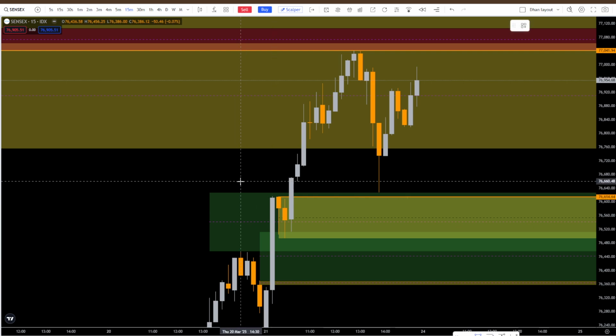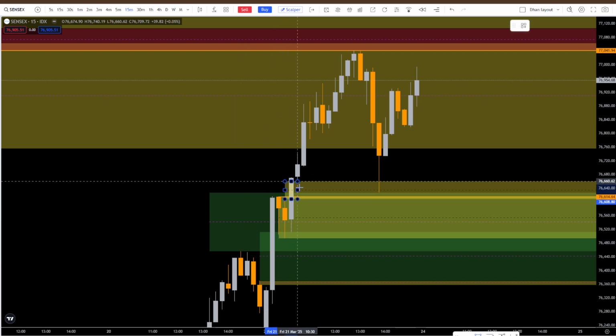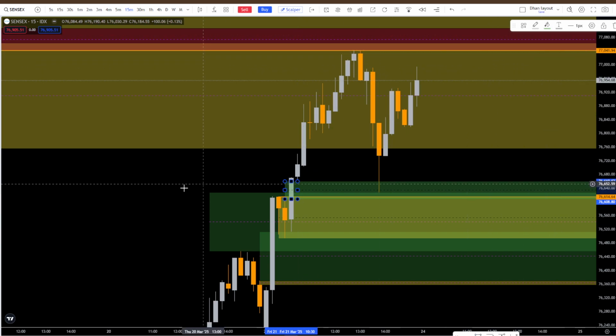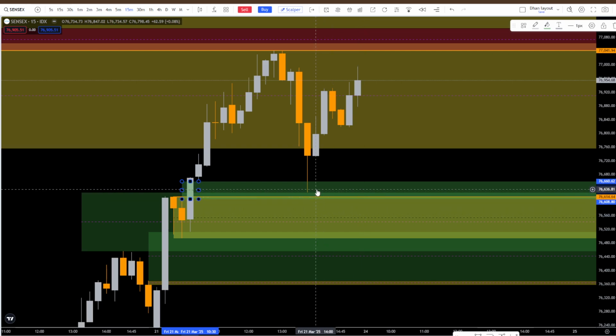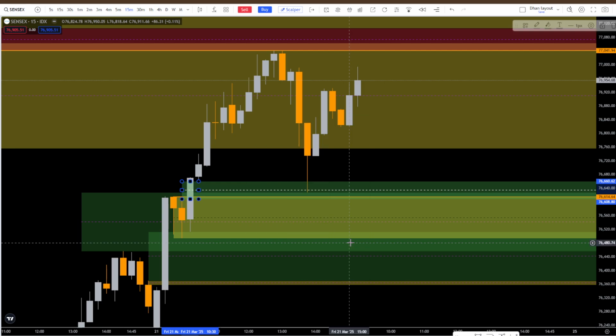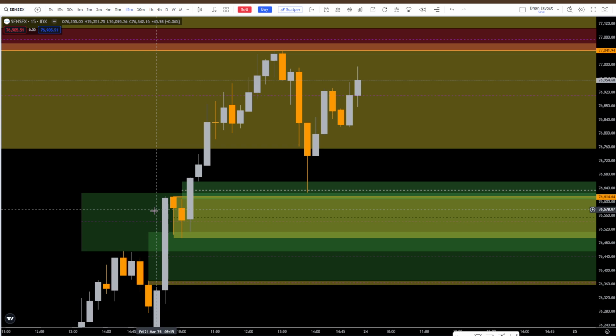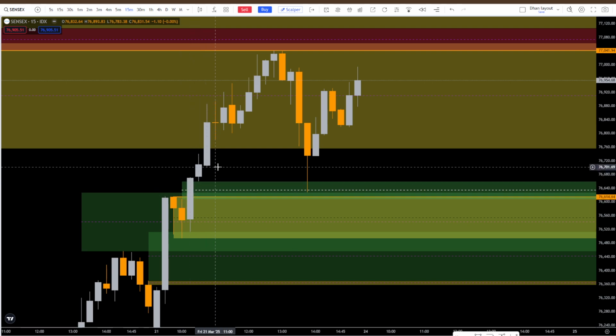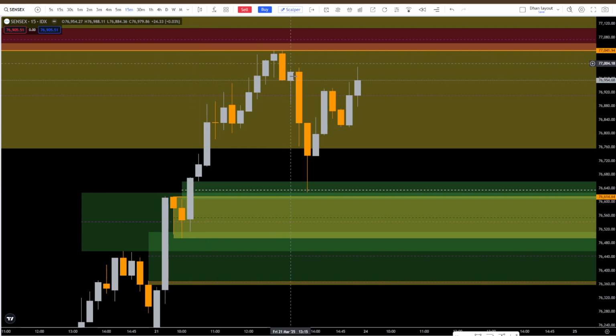So if I mark the fair value gap on the 15 minutes, so if you see, this was a fair value gap after this order block, क्योंकि there was no retracement into it, right? So exactly market ने उसी में retrace किया, but exactly उसके 50% level पे retrace किया.